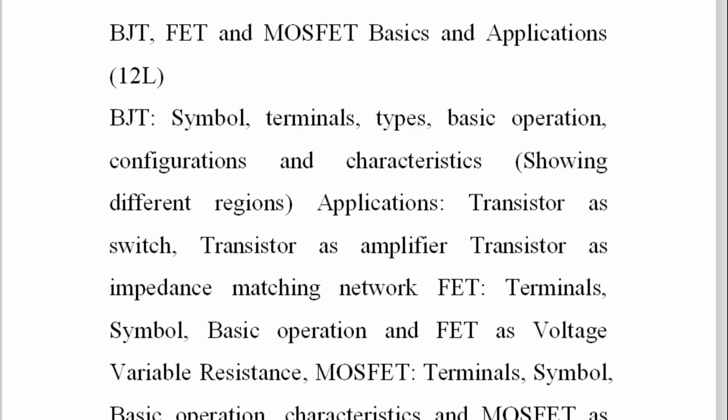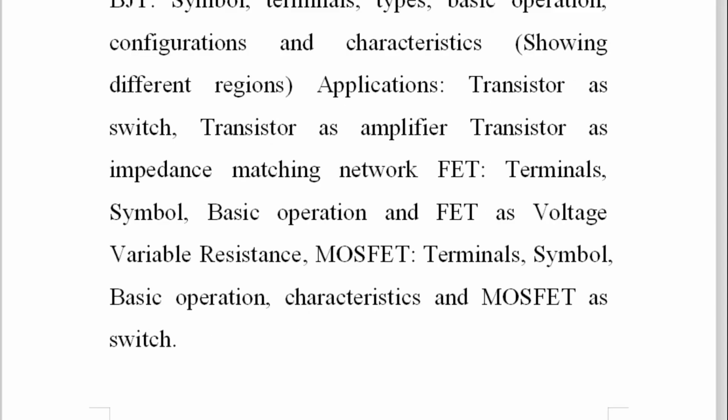Then unit number 2 covers the bipolar junction transistor, field effect transistor, MOSFET, and the basics and applications of those devices, along with the many components and their IV characteristics and applications that you need to study.